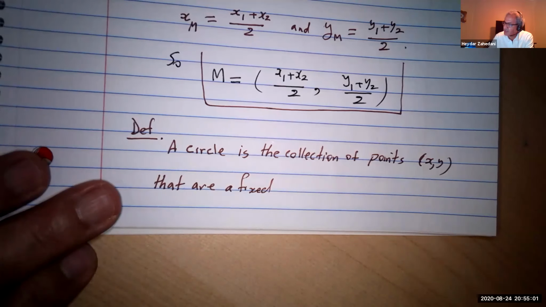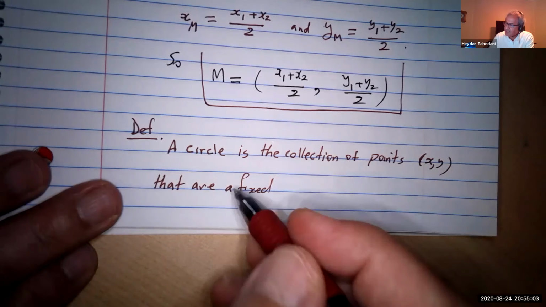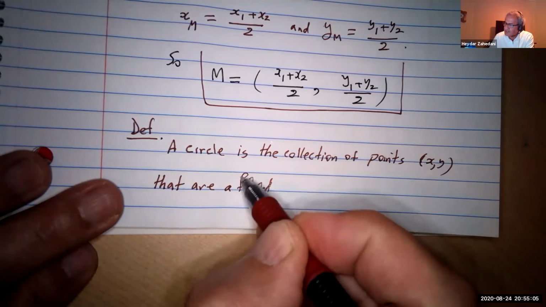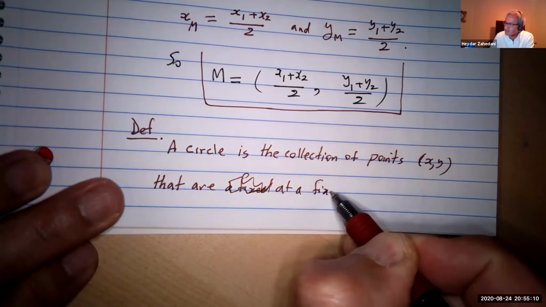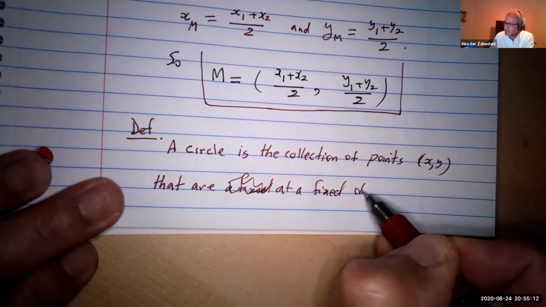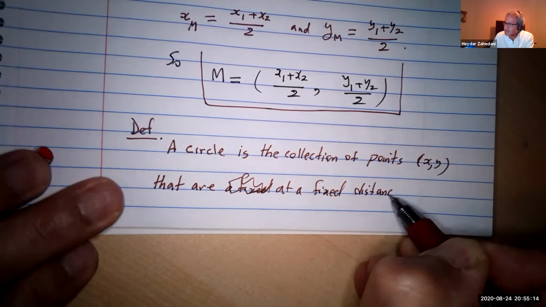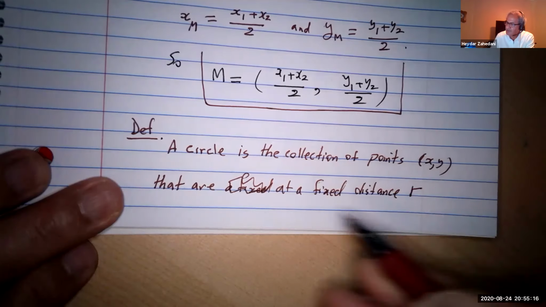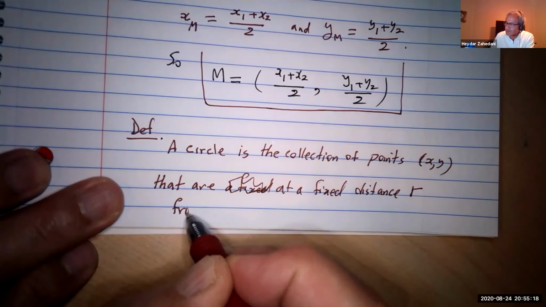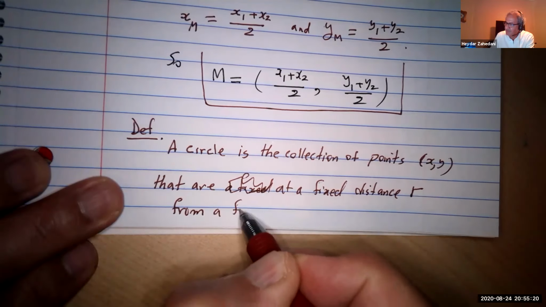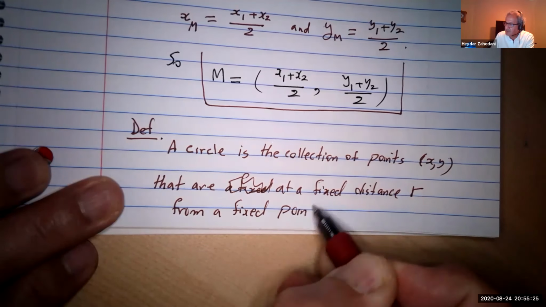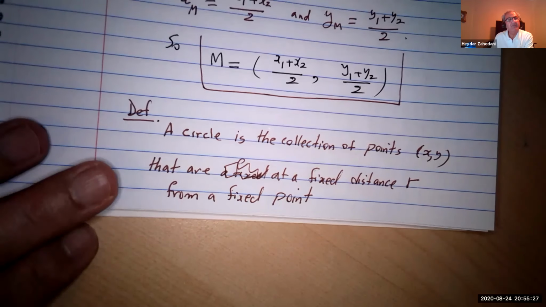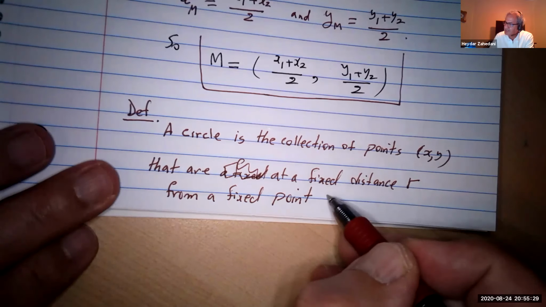A circle is a collection of points at a fixed distance from a fixed point, C if you like.